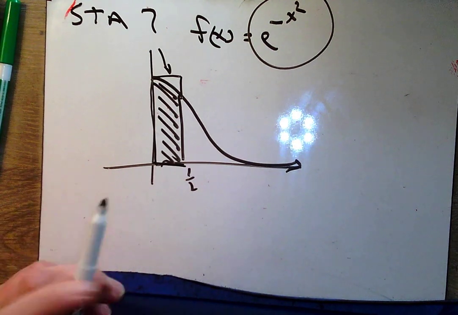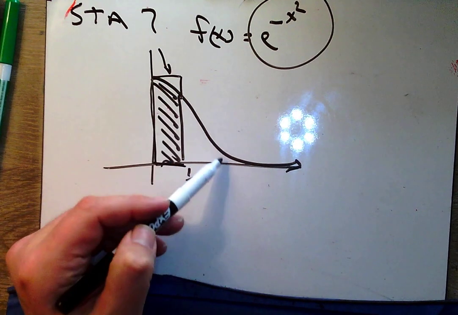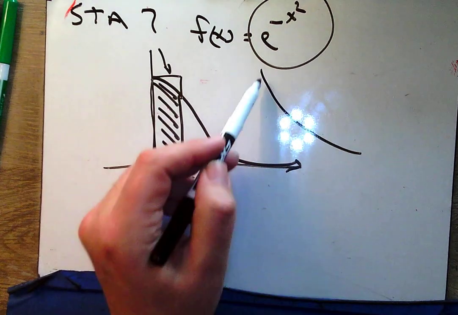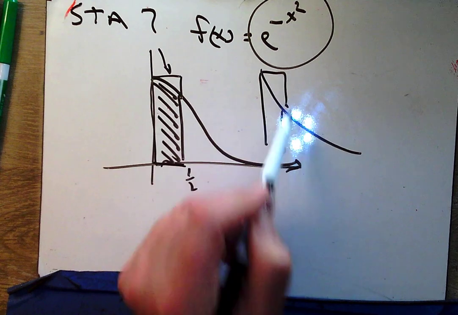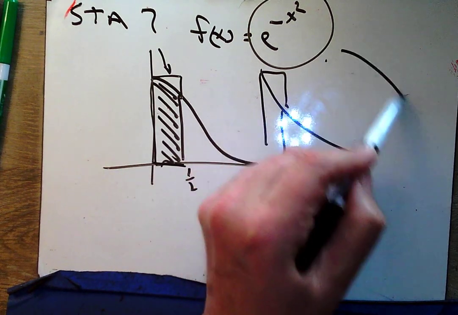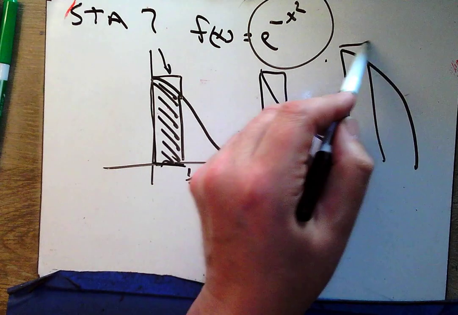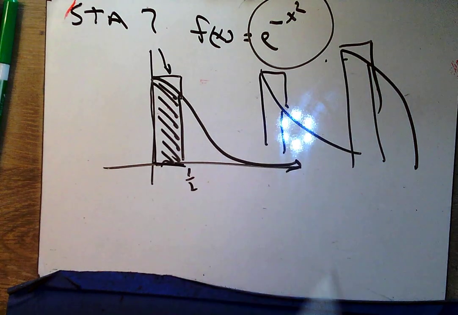Now, remember, decreasing functions. Doesn't matter if I'm concave up or concave down, decreasing functions give an overestimate. Okay, so decreasing for LRAM is an overestimate.